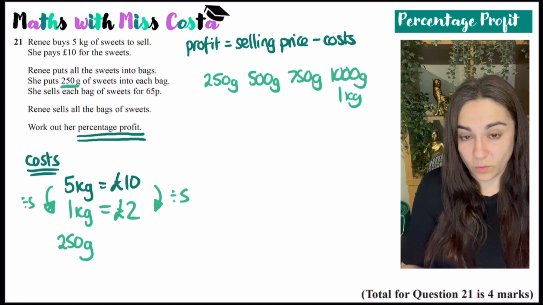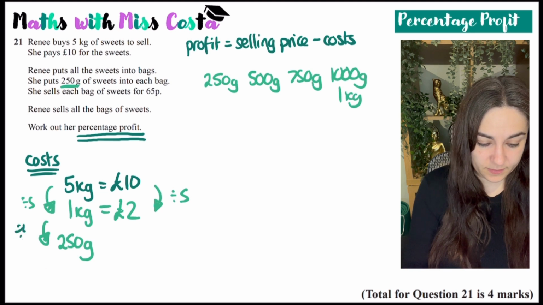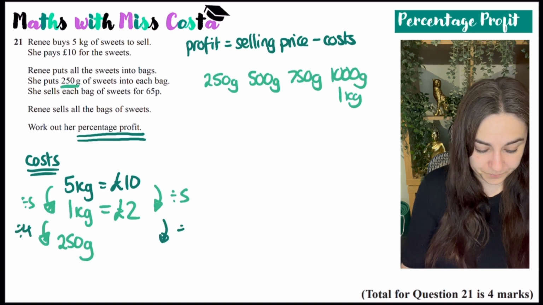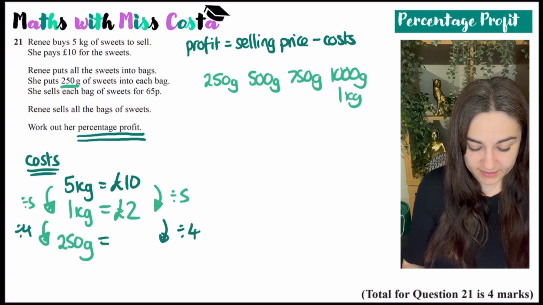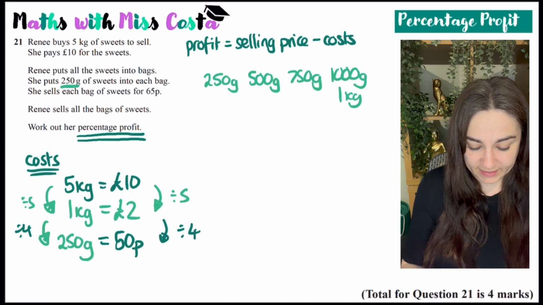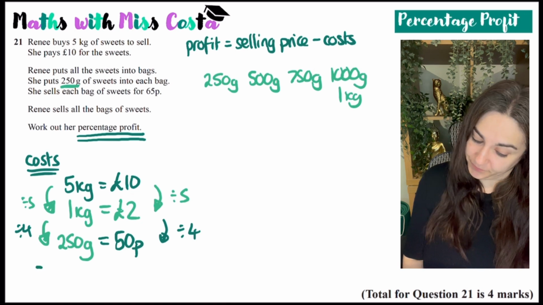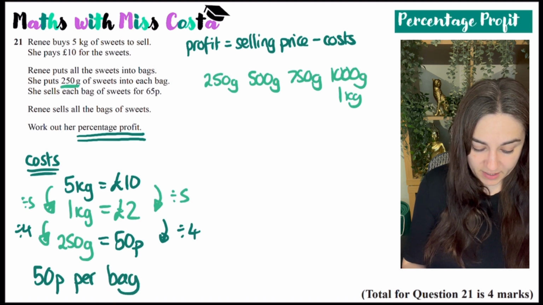So I know that 4 lots of 250 grams fit into 1 kilogram. So I divide by 4 to figure out what 250 grams must cost. And 200 pence divided by 4 is 50 pence. So I know that her costs are 50 pence per bag.